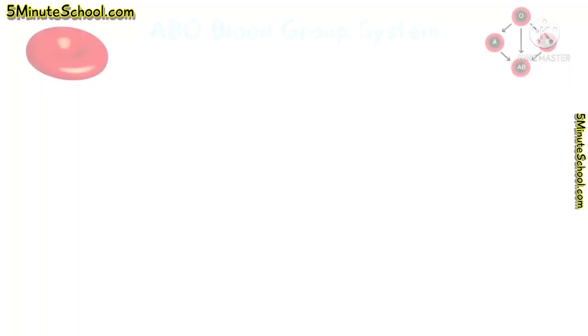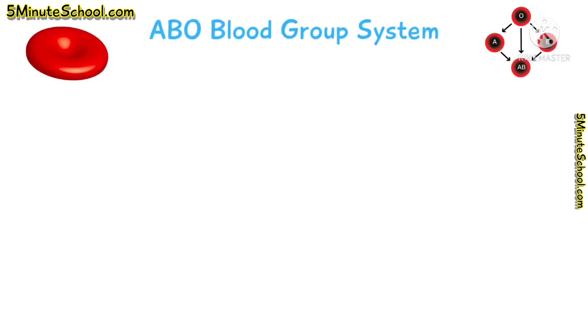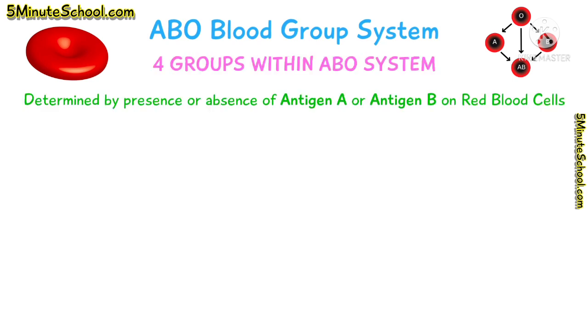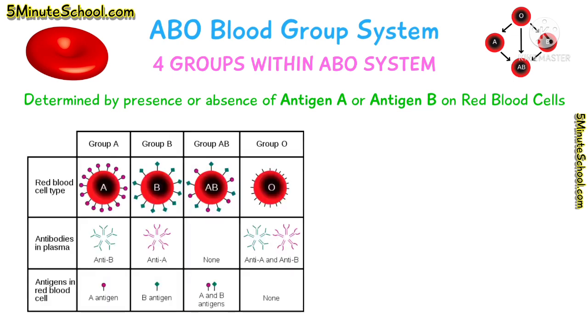In this video, we're going to be talking about the ABO system of blood grouping. The ABO system involves 4 potential blood types, and they are determined by the presence or absence of antigen A or antigen B. The 4 blood group types are A, B, AB, and O. Those who have blood group A have antigen A present in the blood and anti-B antibodies.